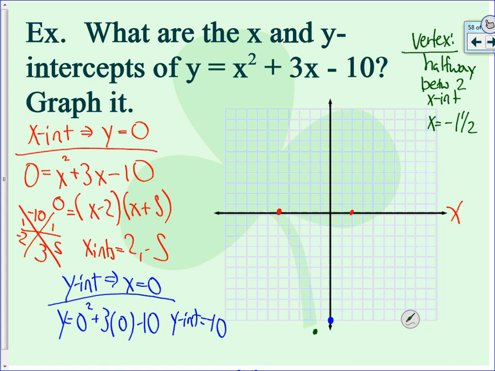So you can just type negative 1.5 for x. That was what was halfway in between. So it's negative 1.5 squared, because that's x squared, plus 3 times negative 1.5 minus 10.